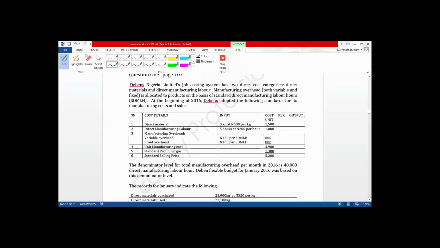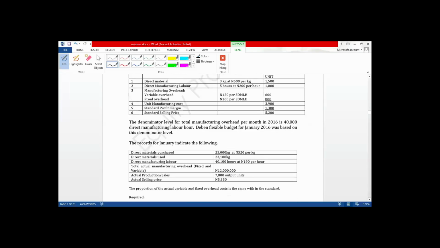Come to the actual record for January. Material purchased, actual price 520 per kg. Actual quantity 25,000 kg.